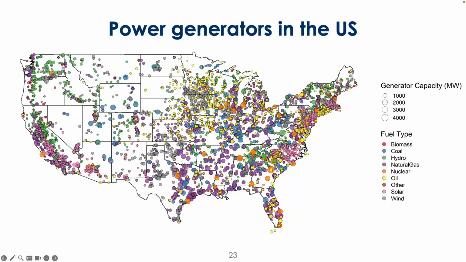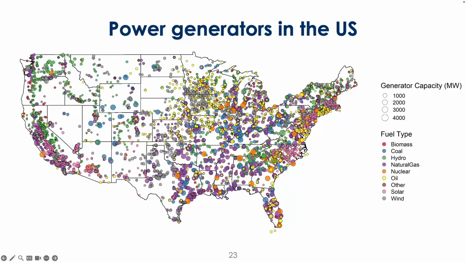In the Midwest, you'll see a big swath of gray, and those are our wind turbines. It just so happens that the middle of the country tends to have much higher wind speeds, and so those are the best places to deploy wind turbines. And then on the East Coast, much higher density of power plants, generally corresponding to higher density of people.